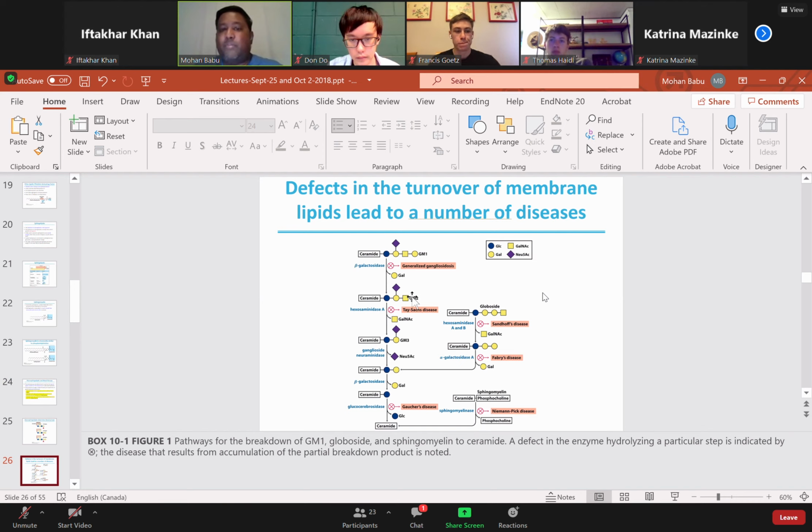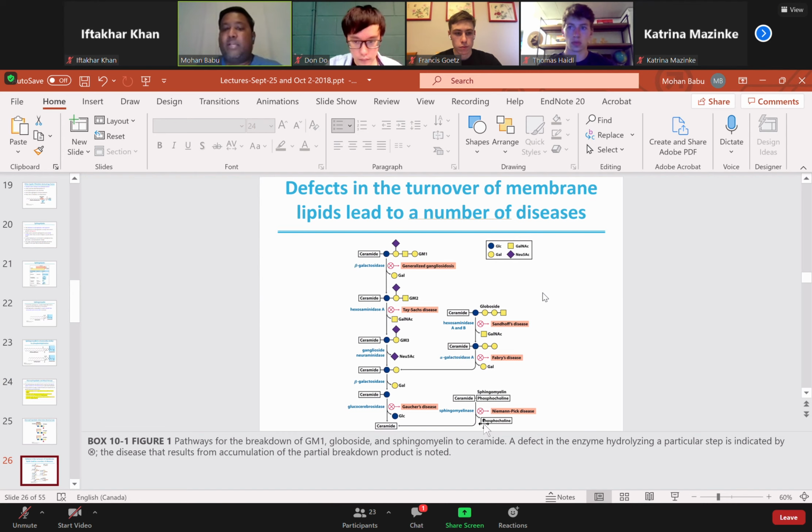But I think the most important point here is that a mutation or a defect in these lipid molecules can lead to various disorders, like generalized gangliosidosis, Tay-Sachs disease, Gaucher's disease, Niemann-Pick disease. This is a very, very important one.